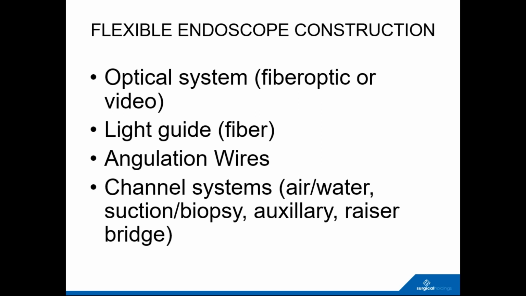And then a series of channel systems inside: channels for air, water, suction, biopsy, and there can be other channels, such as auxiliary channels and channels for razor bridges, which are levers at the tip of the instrument for moving and directing accessories.